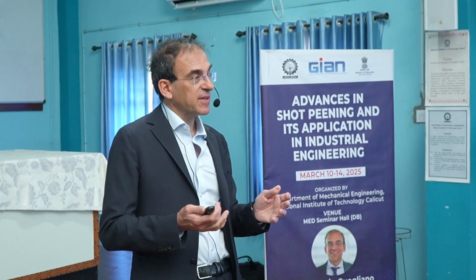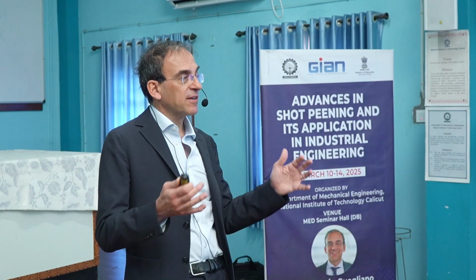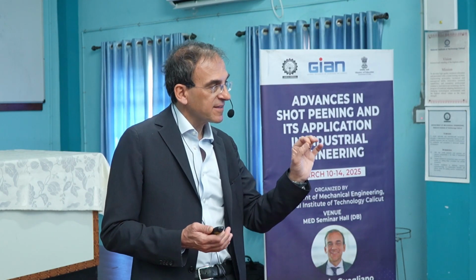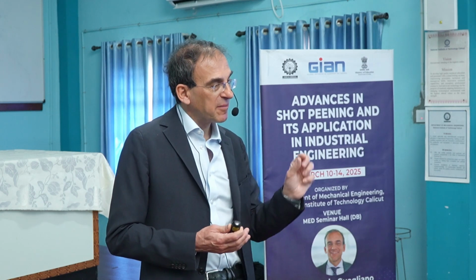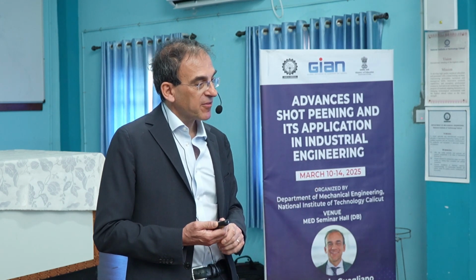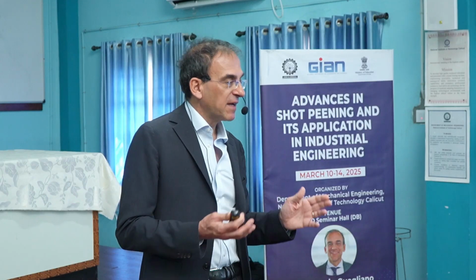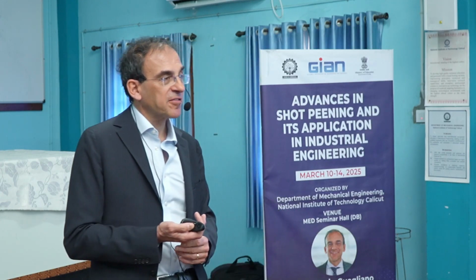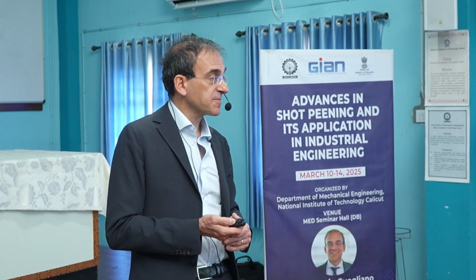The nature itself of the process makes it not possible to direct a limited shot flow to the point we want. So for precision peening, maybe we have better options. But anyway, wheel peening is largely used in industrial plants in mass production.